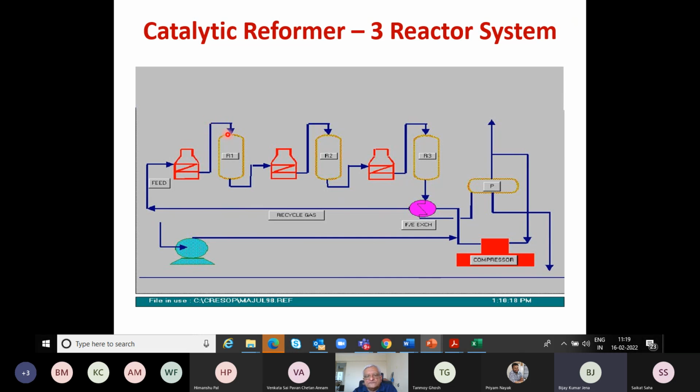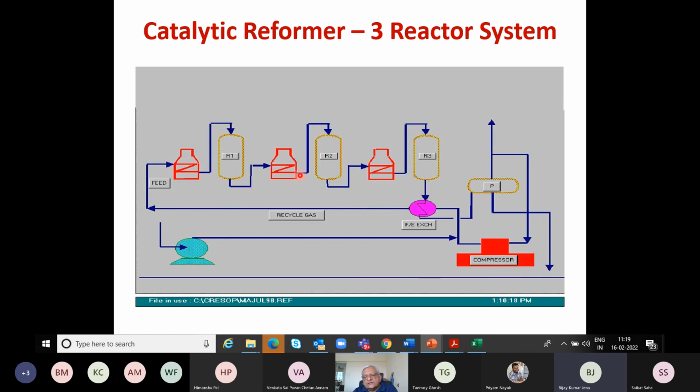And then it passes through the first reactor. In the first reactor, as I'll show you in the next slide, because of the endothermicity of the reaction, the temperature drops. And the drop could be as high as 60 to 70 degrees Celsius. After that, we need to do the further reaction, so it is put into another furnace. This is called a feed furnace, while this is called an interheater because it is between these two reactors.